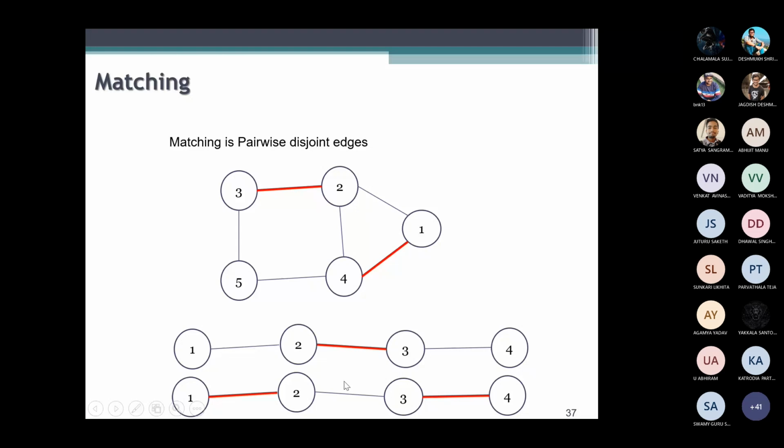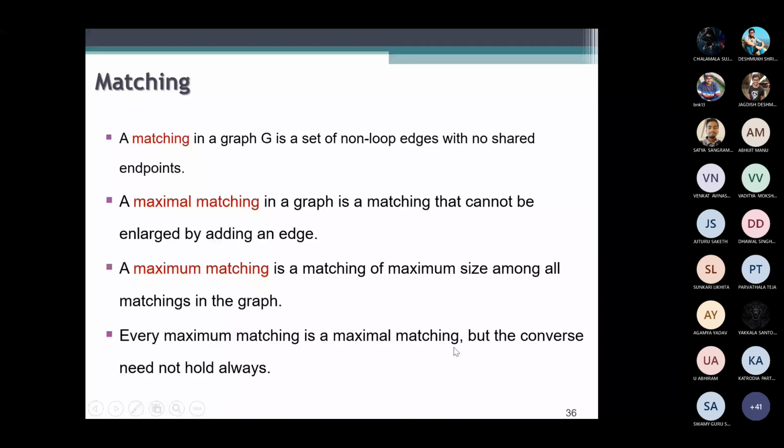Why are both matchings maximal? Because if 2, 3 is selected as an edge of a matching, you cannot extend this matching by adding some edge. So it is a maximal matching, but it is not a maximum matching because the maximum matching is this. So that is why it is written every maximum matching is a maximal matching, but the converse need not hold always.